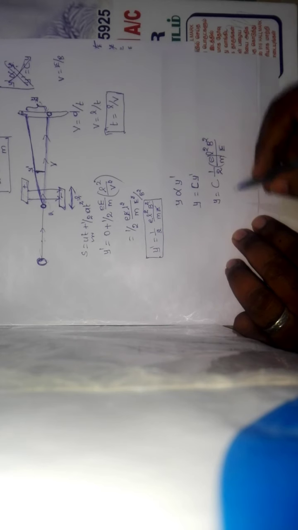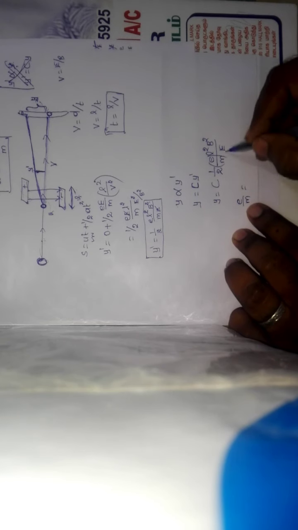So rearranging, e by m is equal to the remaining part, the 2 goes to the numerator, that is 2 y E divided by c L square B square.